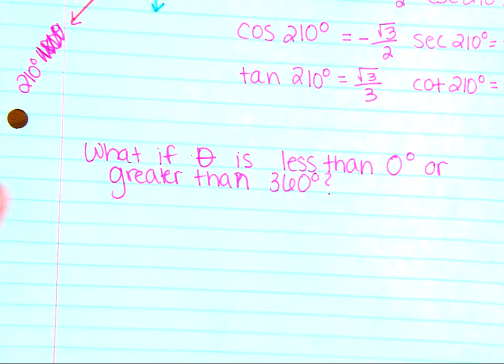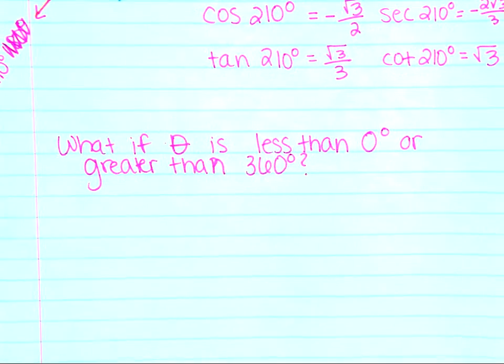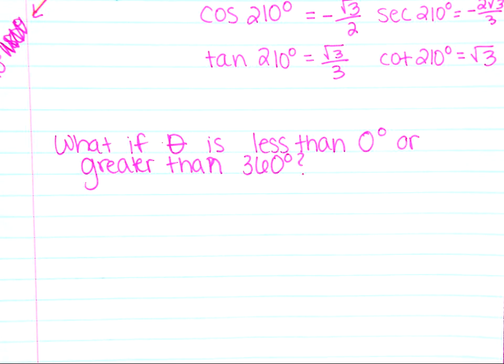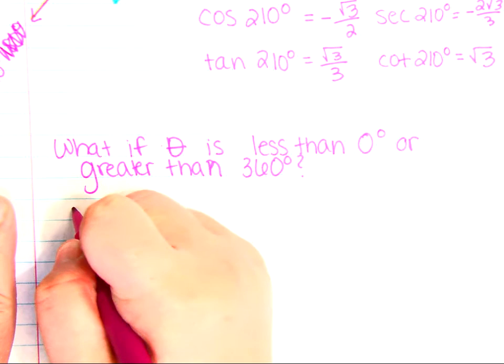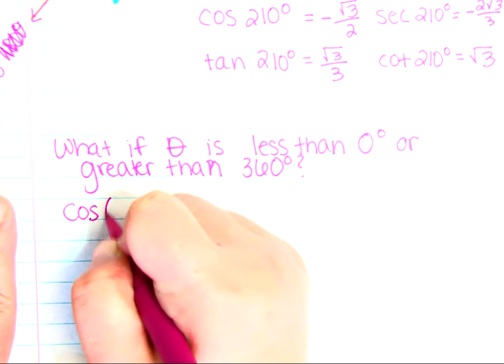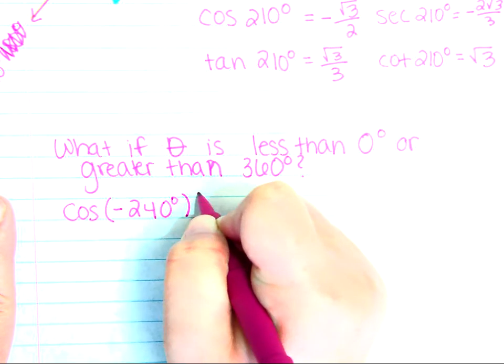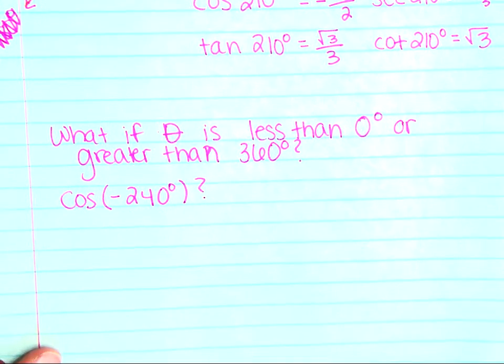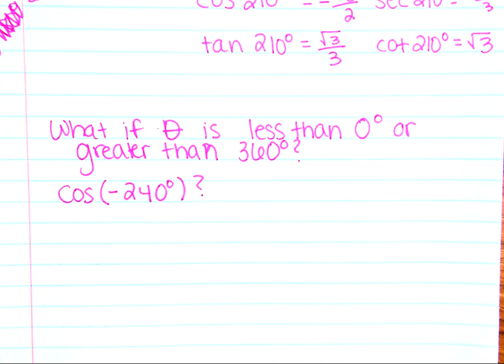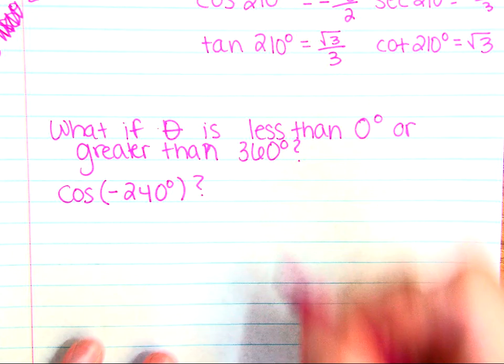What if theta is less than 0 or greater than 360? For example, what happens if you were asked to find the cosine of -240 degrees? This one just has an extra step. In the first unit, we talked about coterminal angles.